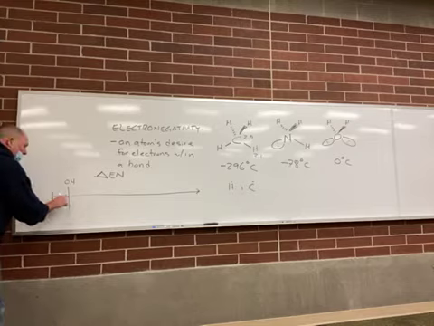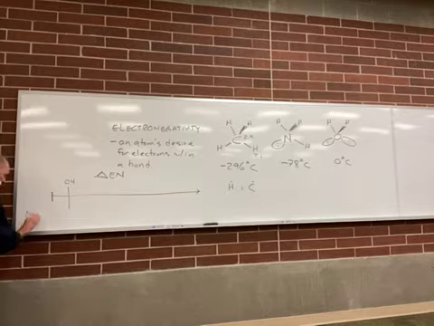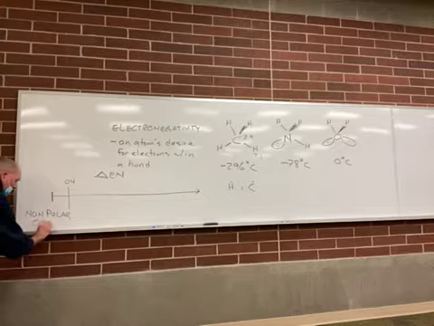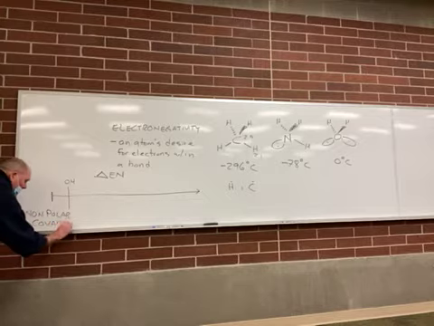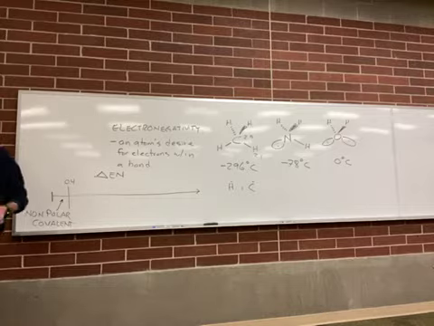Anything that has 0.4 or less, including 0.4, is considered nonpolar covalent. Okay? So this is nonpolar covalent. That's our first line, our first definition. Again, it's a continuum. We just happen to put a line at 0.4.